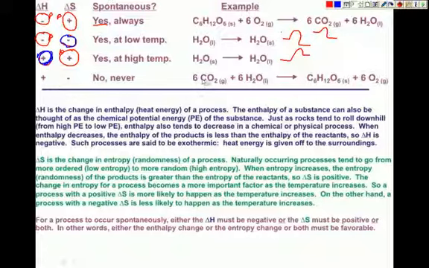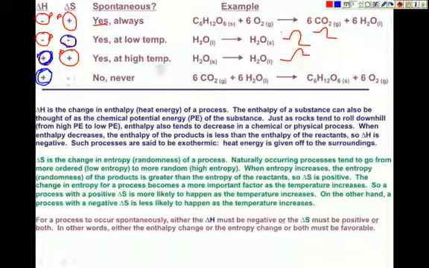So now we have CO2 plus H2O making sugar and oxygen. Well, this is the same reaction that plants do. Plants absorb water and CO2 to make sugar, and they have to absorb a lot of energy. They absorb a lot of energy in the form of sunlight. So since they're absorbing a lot of energy, they have a delta H that is positive.